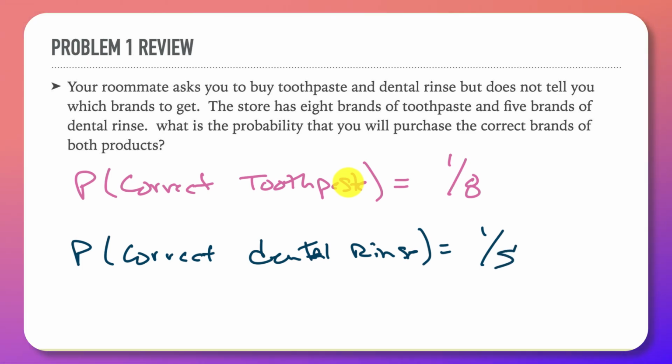So the probability of you being absolutely correct in this sequence of events, first choosing the toothpaste and then choosing the dental rinse, or vice versa, commutative property kicks in because it doesn't matter which order you do them in, you're still going to multiply. They still come up with the same product. So if you choose dental rinse first and then the toothpaste, you're still going to come out with the same answer.